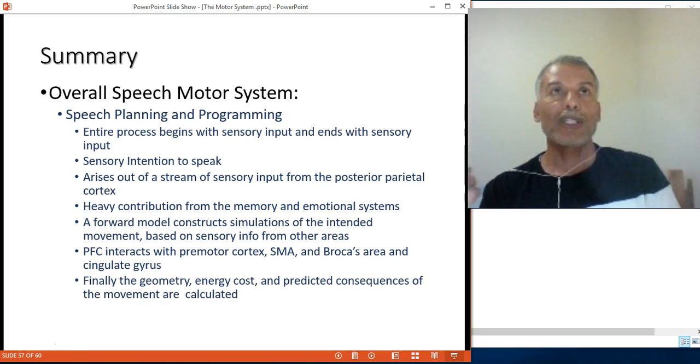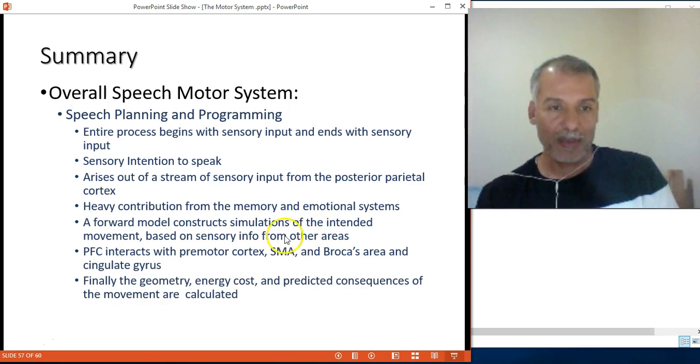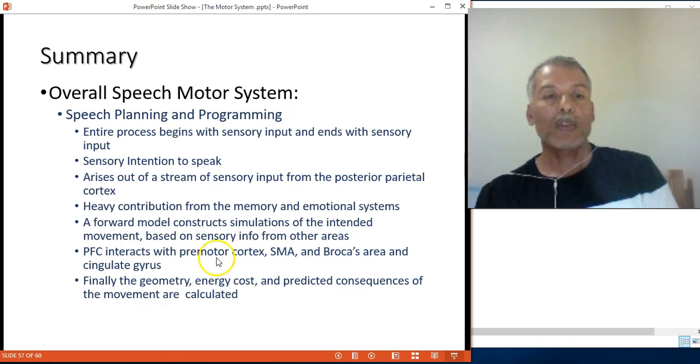Almost like making a video of a play before you make the play itself, to say, this is how I envision the play is going to be. And then that model is going to show the intended movement based on the sensory information that comes from the posterior parietal cortex.